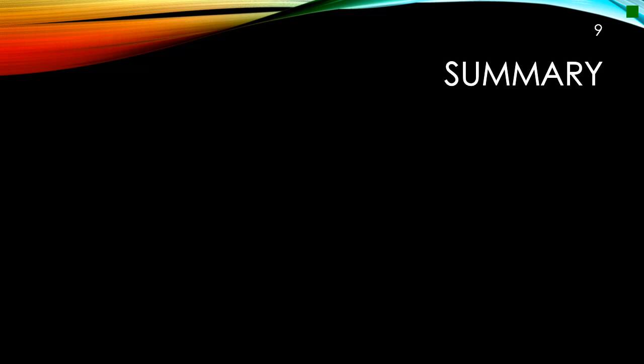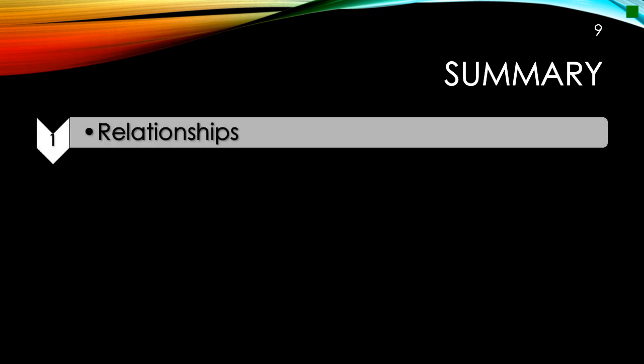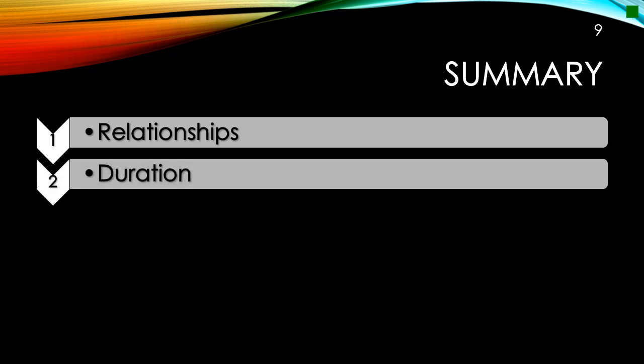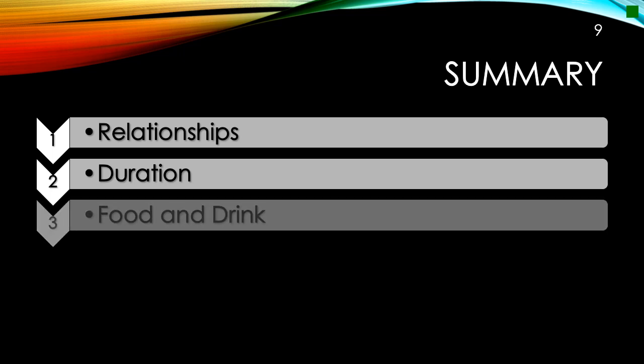That brings us to the end of this particular lesson, and I shall just summarize the points. We saw the terms that are used to describe relationships, and we'll be using them very frequently as we progress with our study of remedies. Then we looked at the duration of action of these remedies and what they mean.